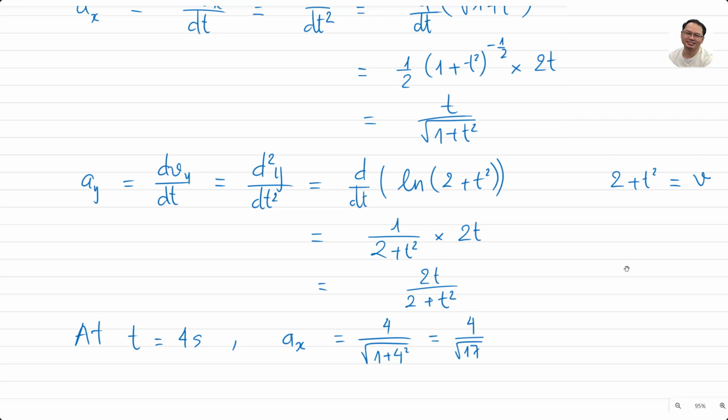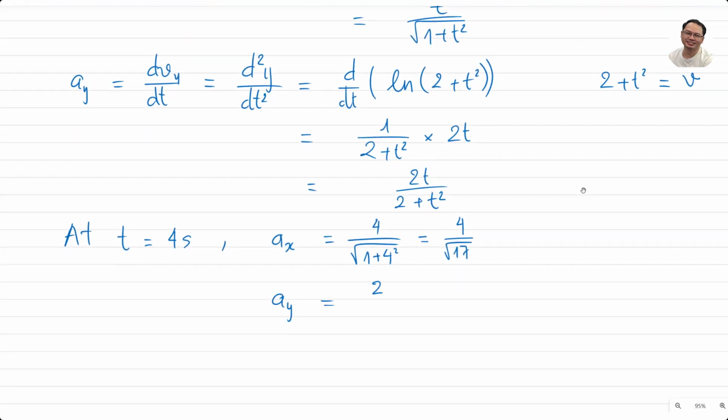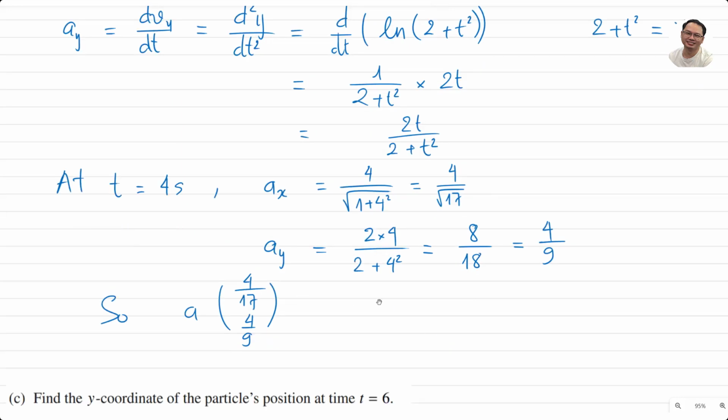And similarly, ay, the vertical component, will be 2 multiplied with 4 over 2 plus 4 squared. It equals 8 over 18. Simplify that, dividing by 2, 4 over 9. So the acceleration has the two components, 4 over the square root of 17 and 4 over 9. So this is the answer.